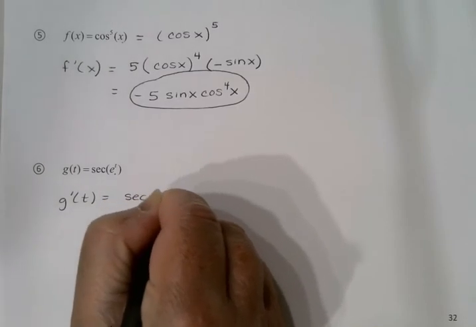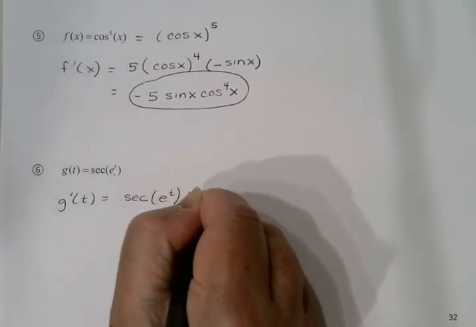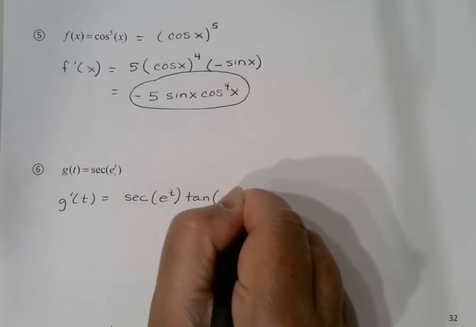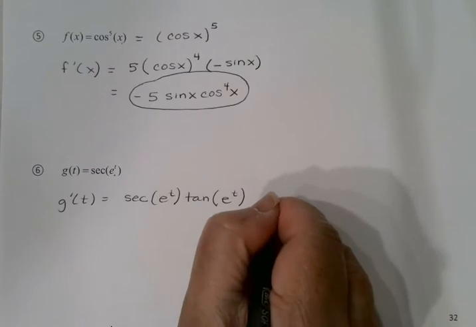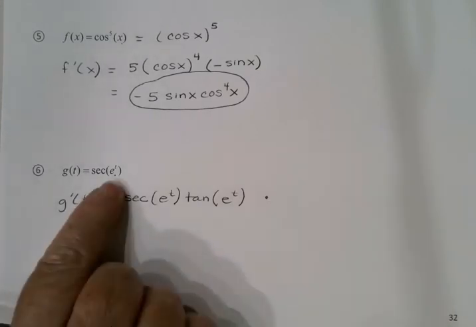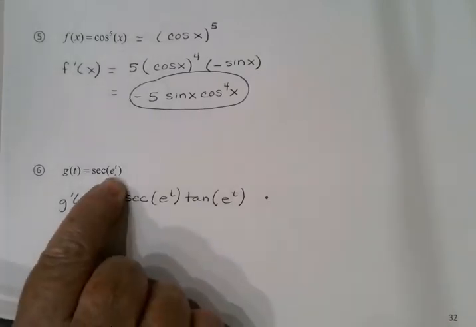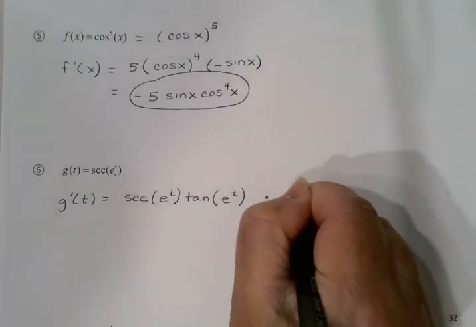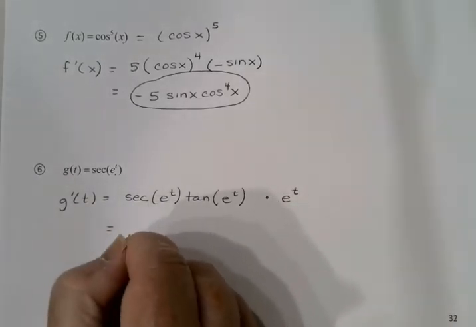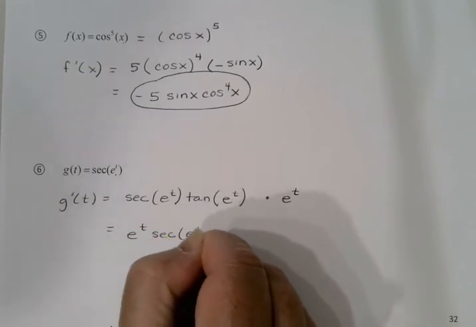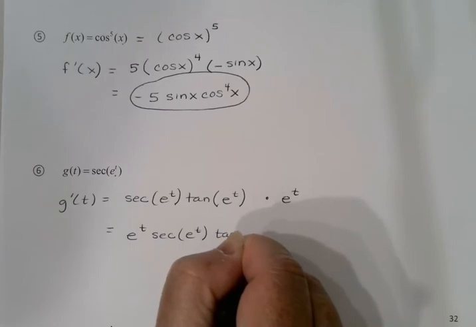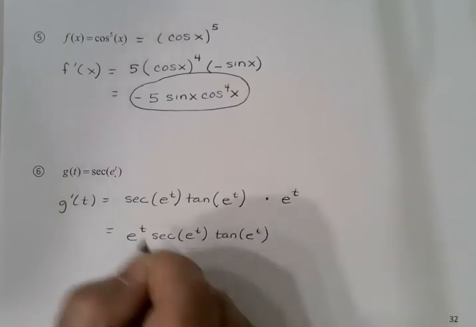So I'll have secant e to the t, tangent of e to the t. Then I have to multiply by the derivative of the inner function, and the derivative of e to the t is e to the t. I'll bring that last factor of e to the t out front and rewrite my derivative one more time.